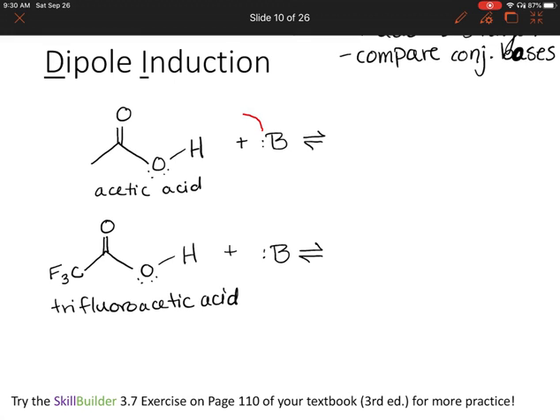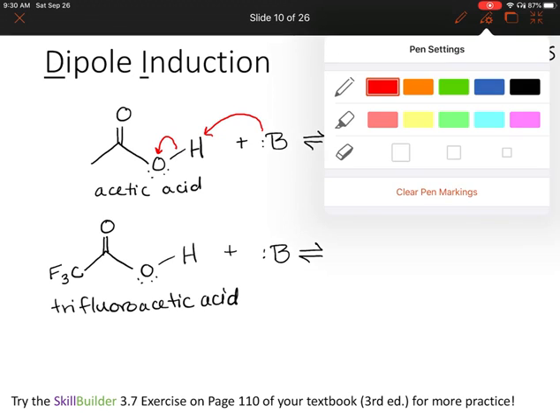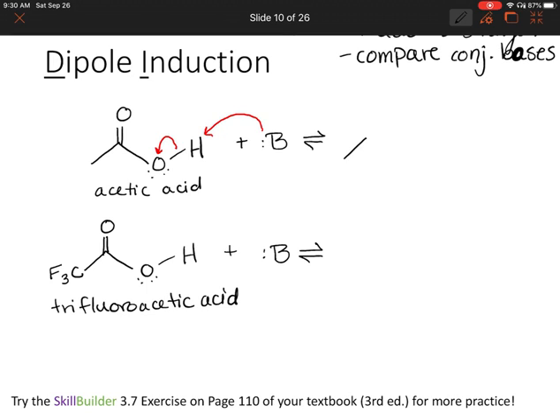We saw that the base is going to grab onto the hydrogen on our carboxylic acid, and then the shared pair of electrons there is going to end up on oxygen. So we get a negatively charged oxygen, and I'm going to write the conjugate base down below because remember, this product has a resonance structure.